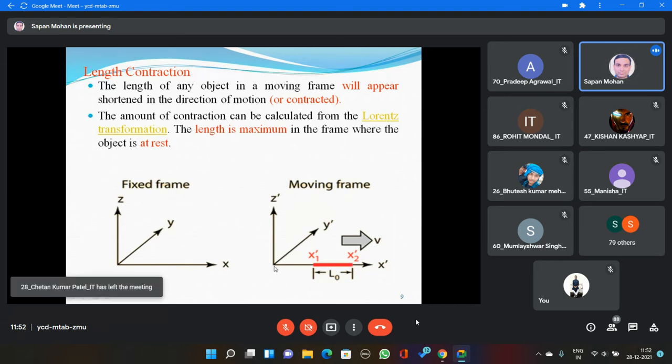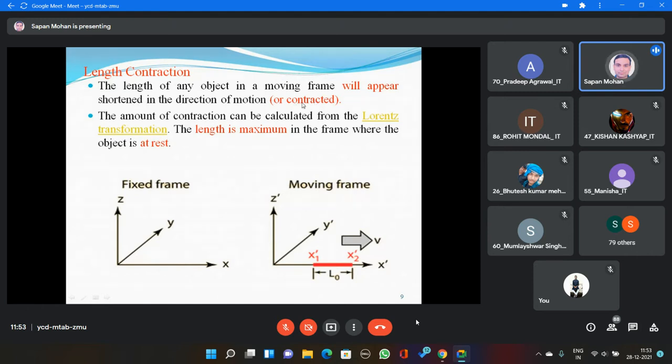Then an observer from here observing this length and an observer from the other frame observing the same length, there is a change in measurement. So what is this? The length of any object in a moving frame will appear shortened in the direction of motion, in this direction only, where this frame is moving with velocity v.